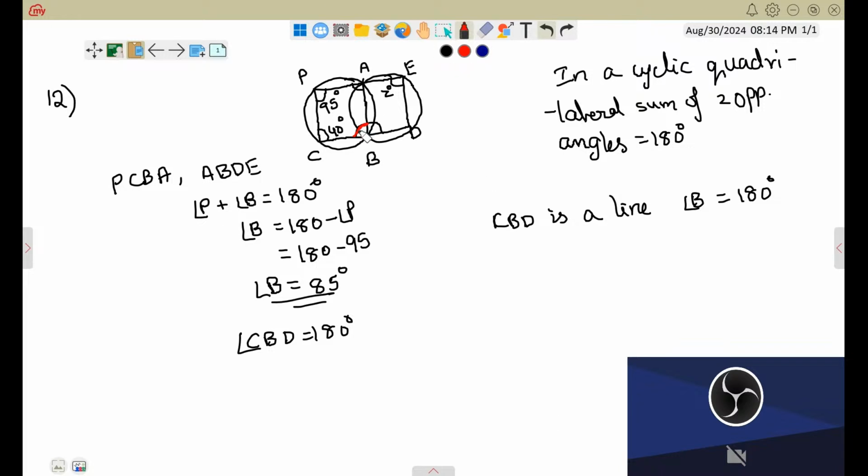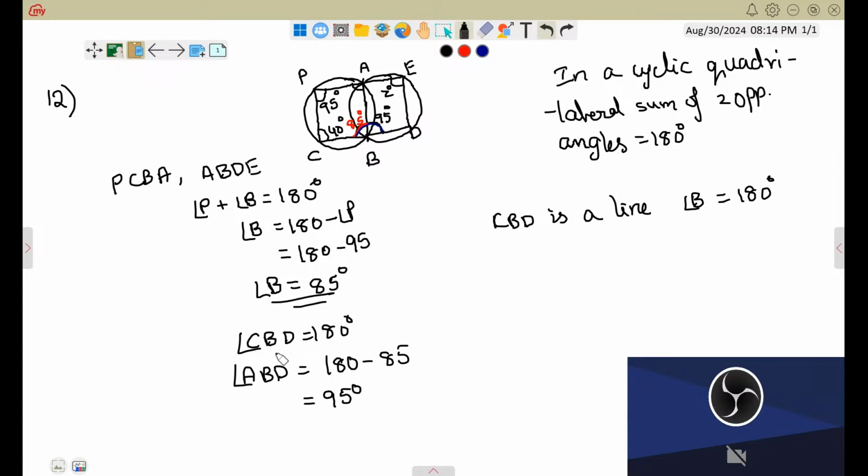This part only we find, which is 85. But the total angle is 180. Now, what is this remaining part? That is angle ABD. The remaining part is equal to 180 minus 85 degrees, that is 95 degrees. This part is 95 degrees.